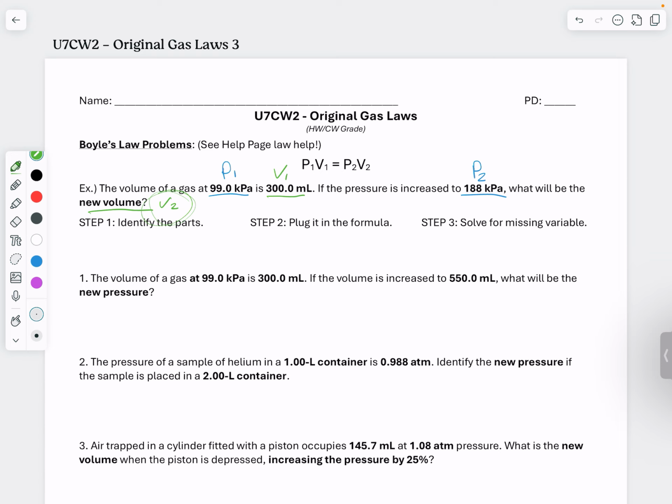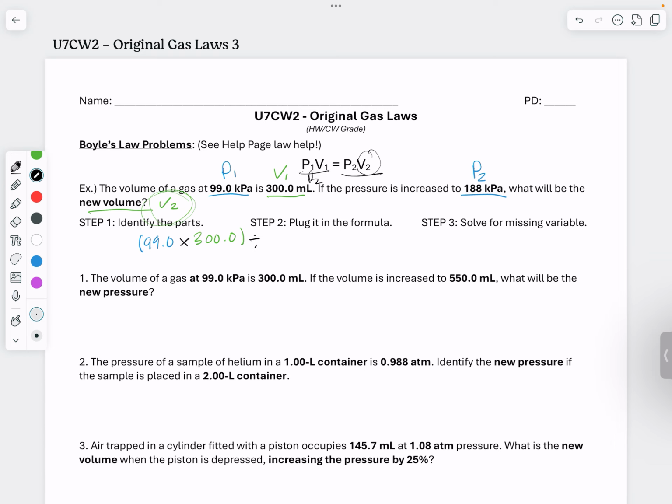All right, so now that I've identified all my stuff, I'm going to plug it into the formula. So we just take P1, which is 99.0, and we multiply it with our V1, which is 300. Then we take that answer and divide by what's left over, because we have to isolate V2 by itself, so you divide both sides by P2.